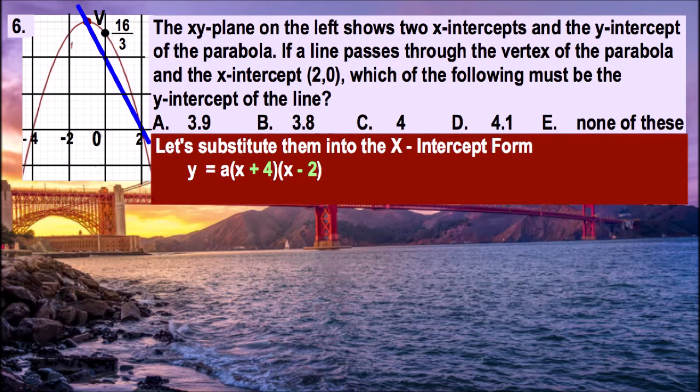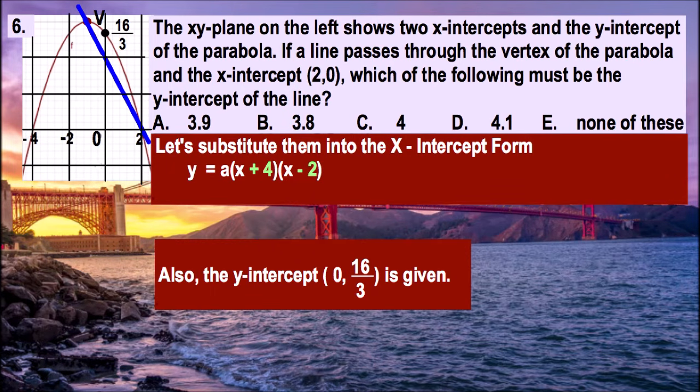Substituting them, we obtain y equals a times the quantity x plus 4 times the quantity x minus 2. Also, the y-intercept, point of coordinates 0, 16 over 3, is given.